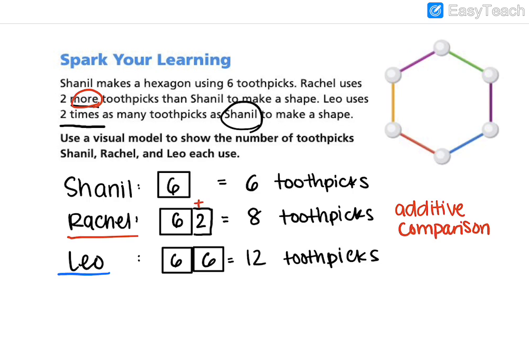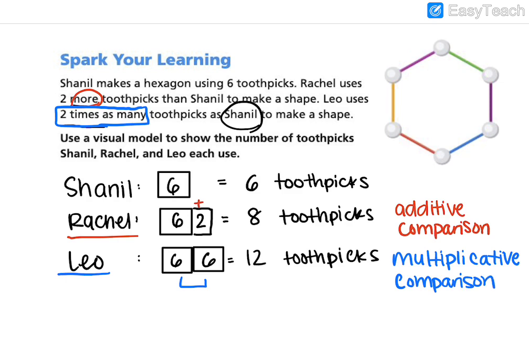And then if we look at Leo's comparison, it's 2 times as many, right? We used 2 groups here. This is an example of our multiplicative comparison.